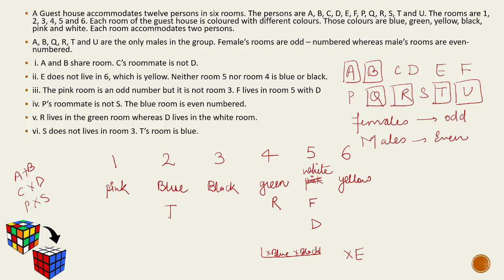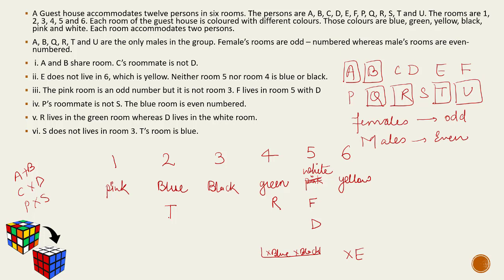Now, the first point that was given here: A, B, Q, R, T and U are the only males, and A and B share the room, and only the even numbered rooms are given to males. So in room number 2 we already have T, in room number 4 we have R, and A and B have to be given the same room.